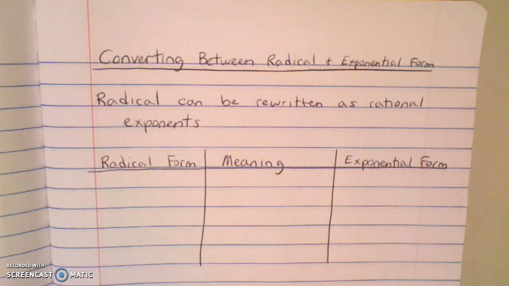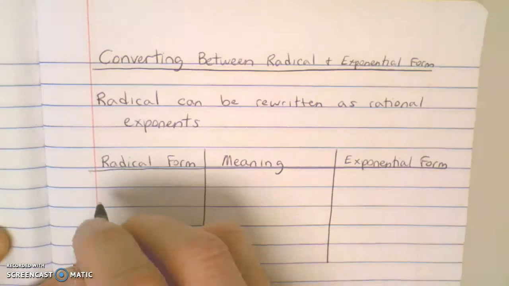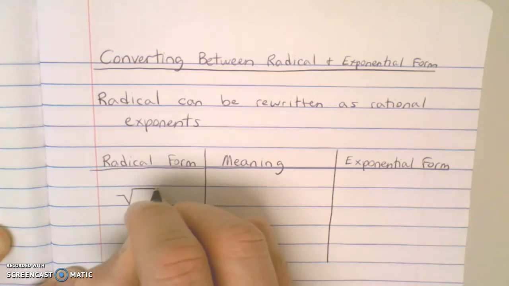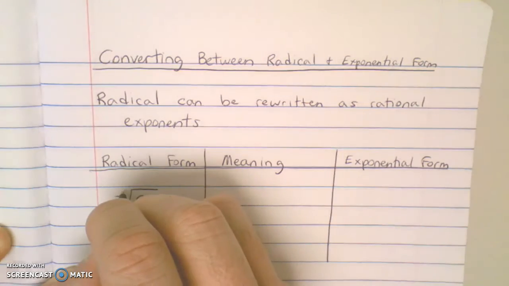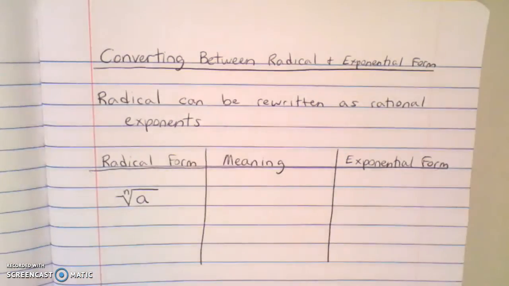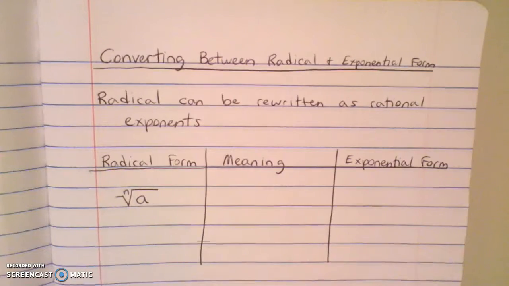So yesterday, or a couple days ago, we worked on taking square roots and cube roots. And that was generally in the form where you had the radical symbol with some number underneath it. We'll just say a, and then there was a root there. It was either the square root or the cube root. Those are the two that we worked on.